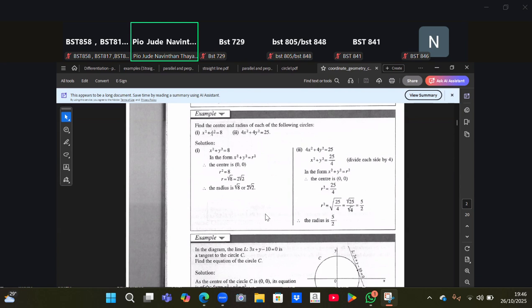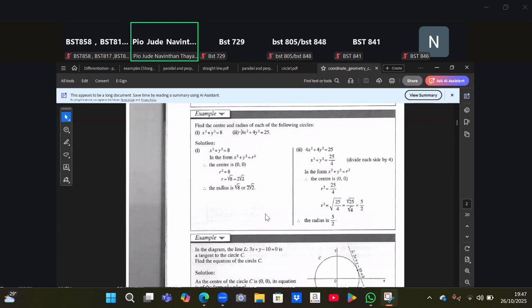The number on the other side is r square. So r square is equal to 8, therefore radius r is root of 8. If you wish, you can write 8 as 4 into 2, and the answer is 2 root 2. So the radius is root 8 and the center is 0 comma 0.